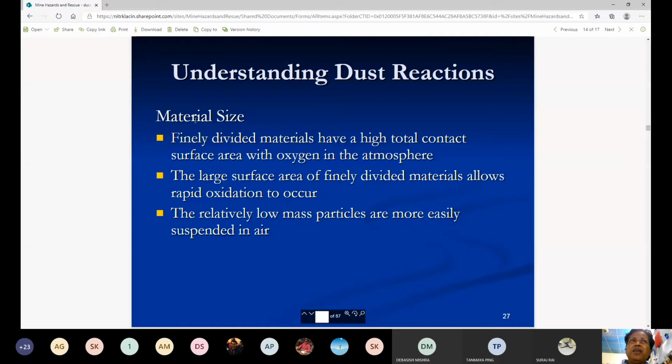So the finely divided coal dust particles have a large surface area, and because of their size and mass, they are suspended in the air and cause a coal dust explosion.